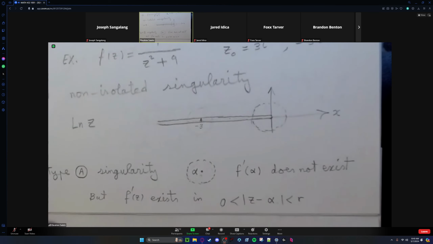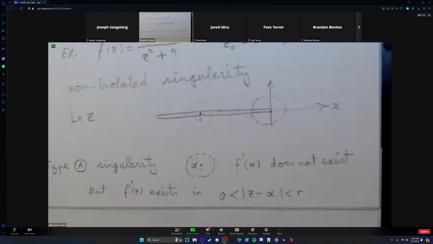So, type A, isolated singularity, remember, derivative doesn't exist at alpha, but derivative exists in all other points of this disk, okay? So, symbolically, we say this. In this disk, every point in this disk is z minus alpha less than r. But we exclude alpha.